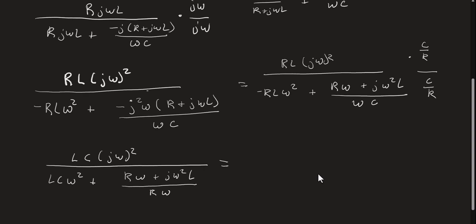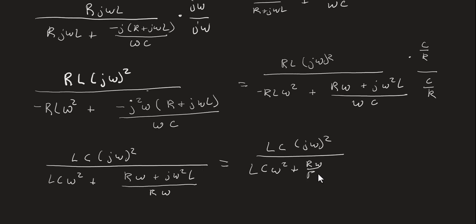Well, that's handy, because now I have LC times j omega squared over LC omega squared plus, and now I can break this up into two parts, R omega over R omega plus j omega squared L over R omega.